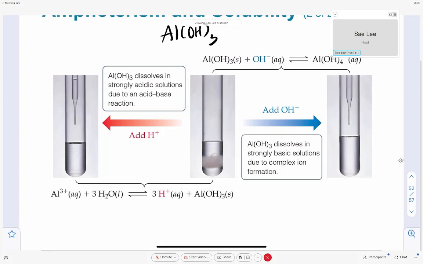So if aluminum hydroxide dissolves in strong acid, it will react with any acid in the system and form aluminum and water. Aluminum hydroxide can also act as an acid. It will react with any base within the system, reduce the aluminum concentration, and generate this.